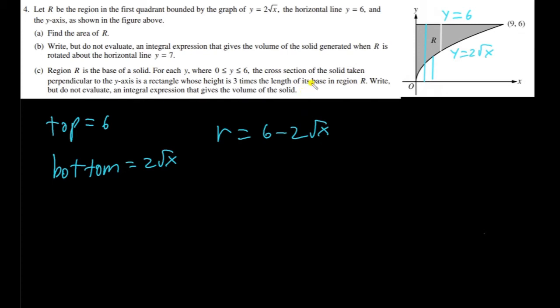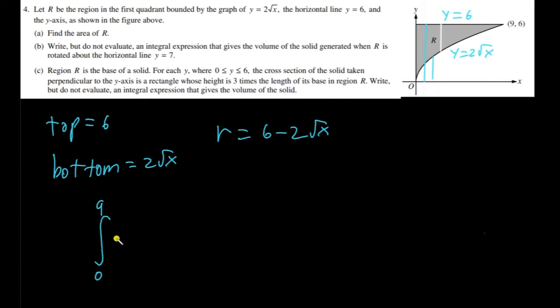Now all we've got to do is integrate this from 0 to whatever this ending x value is, and in this case it's 9. So we're going to integrate from 0 to 9, taking this white line and adding it up over and over again, all across from 0 to 9.